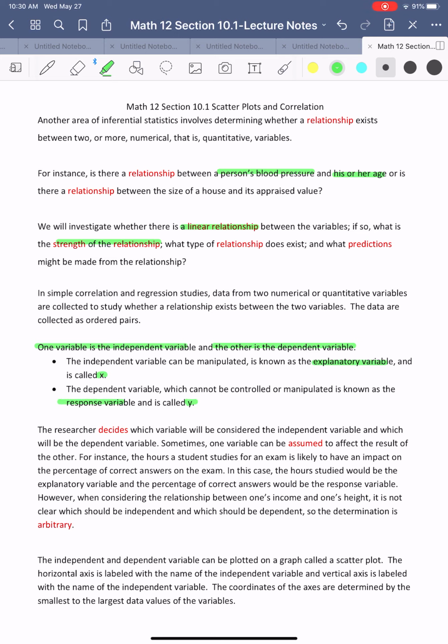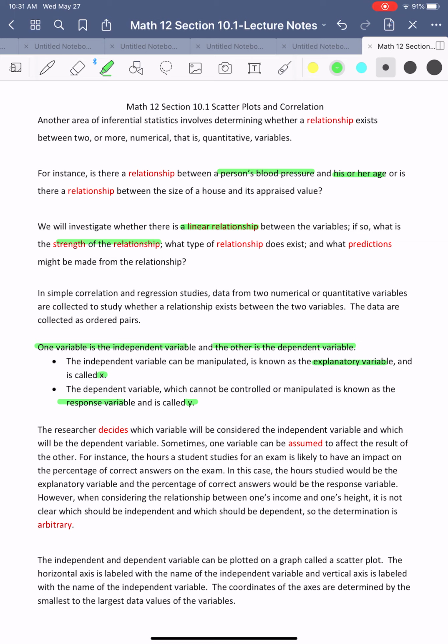We call these the y's. Whatever you use as x, y automatically comes out as the outcome. The researcher decides which variable is considered the independent variable and which the dependent variable. Sometimes one variable can be assumed to affect the results of the other.